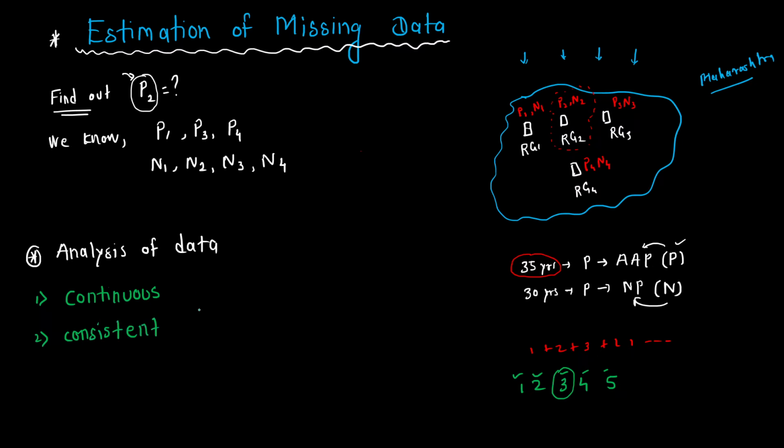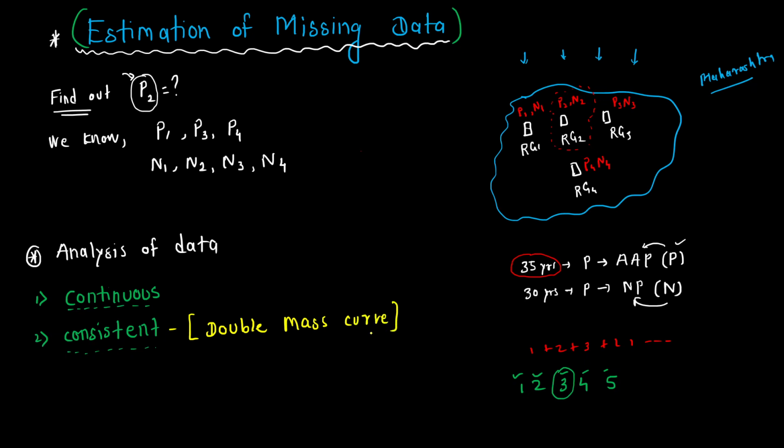So this data continuity can be achieved by using this estimation of missing data. If some data is not present, then we can find the missing data by using the formulas that we are going to see here. Now the second one is the data should be consistent. For checking the consistency of data and making it consistent, we have to use a method or a curve which is called the double mass curve.